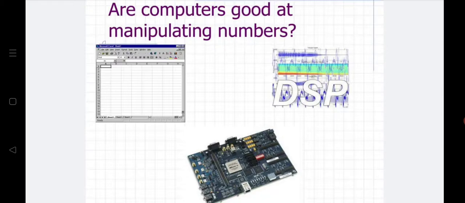Now let us take one small example. Suppose I have 12.56. I can represent this 12.56 as 1.256 into 10, or as 0.1256 into 10 to the power of 2.